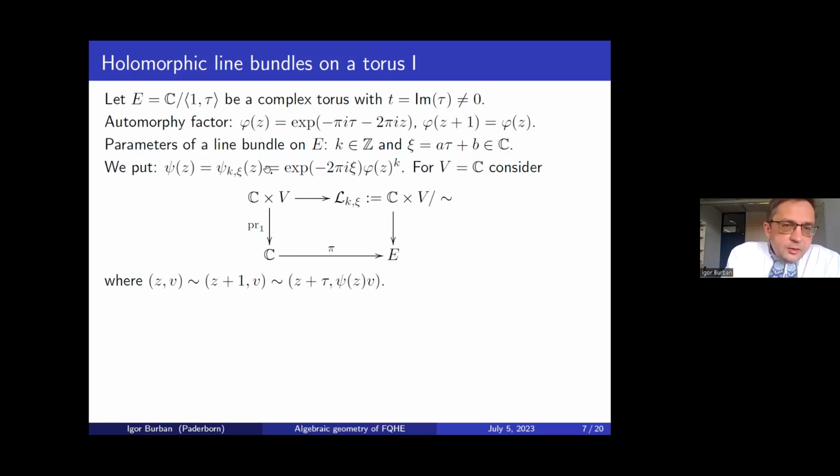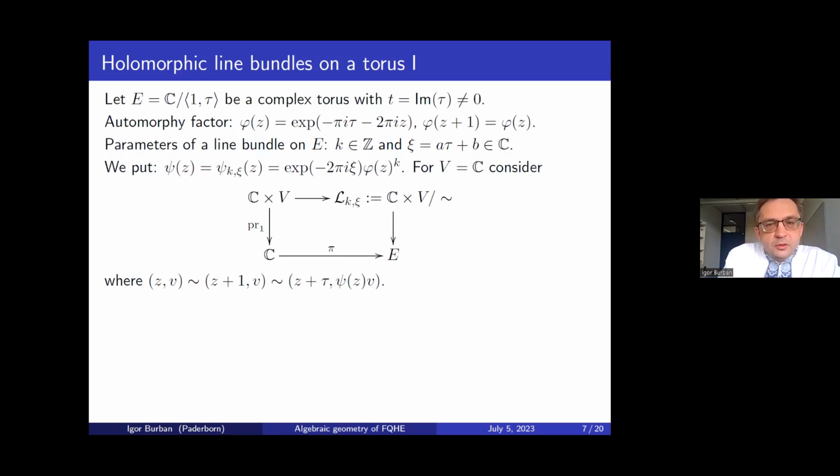If I take the product of C with V, V can be any vector space, but for line bundles it is one-dimensional. If I project this product on the first factor, then the fiber over each point of C is this vector space V. But I want to construct a line bundle on my torus.